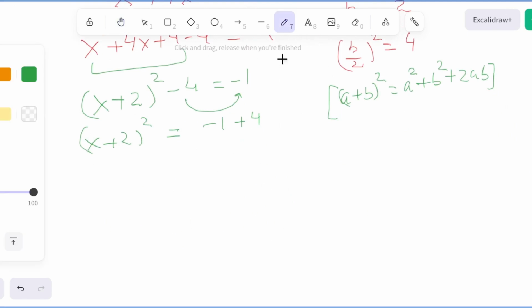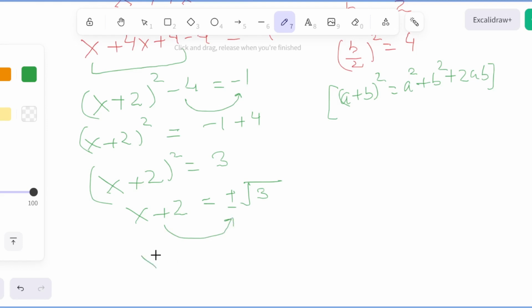Now x plus 2 square becomes 3. Now you can take the square root on both the sides. So this will become x plus 2 equal to plus minus square root of 3. Now you can take plus 2 to the other side, so this will become x equal to minus 2 plus minus root 3.